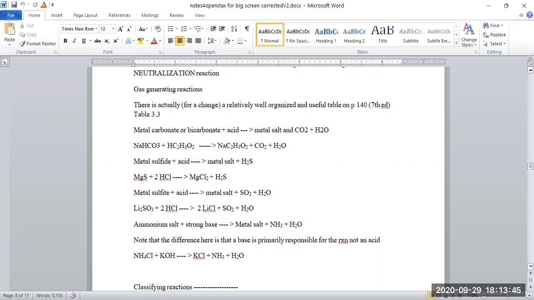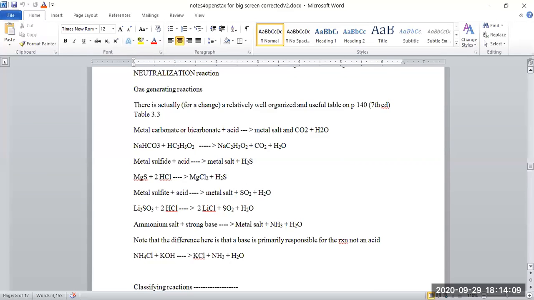Which in this first one we see the sodium is the metal and the acetate doesn't fall apart. The acetate actually stays intact and becomes part of the sodium acetate molecule. But it's still a metal salt, so you can still follow the pattern.